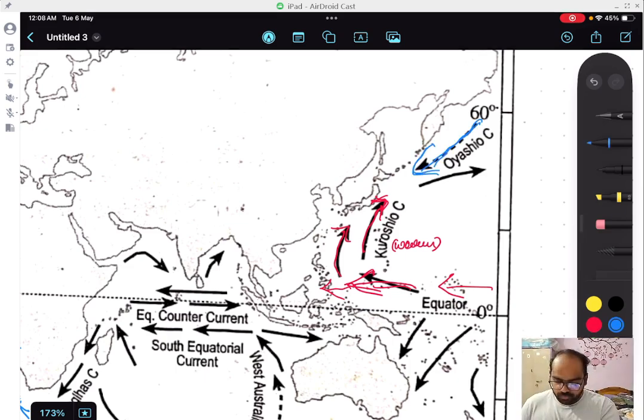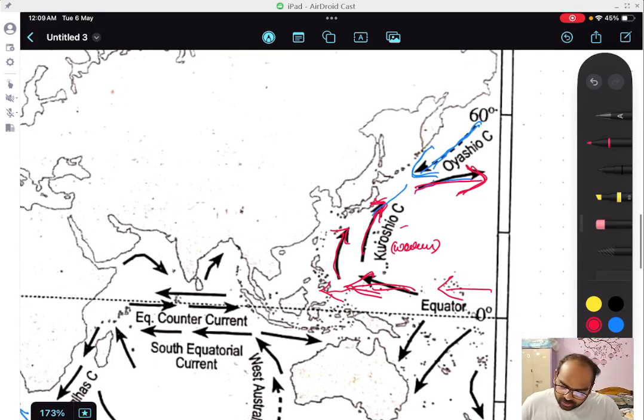The Oyashio is a cold current because it originates at the Bering Strait, at about 60 degrees north latitude, between Russia and Alaska. So the Oyashio current is generated from the Bering Strait. It meets with the warm Kuroshio current and they start drifting towards North America.